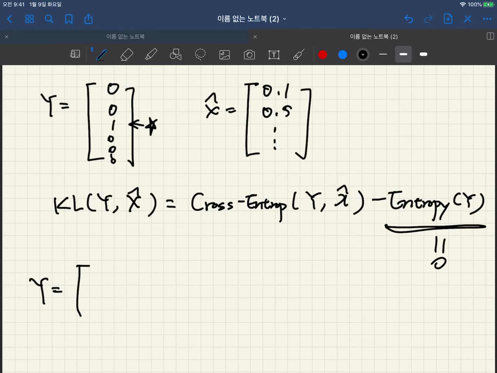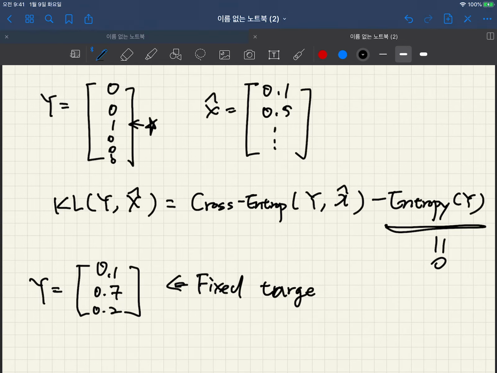Even if y is not a one hot encoding vector but some other probability vector like this, when it is fixed, this is a fixed target distribution, then the entropy is constant, right? And you just control the x hat.